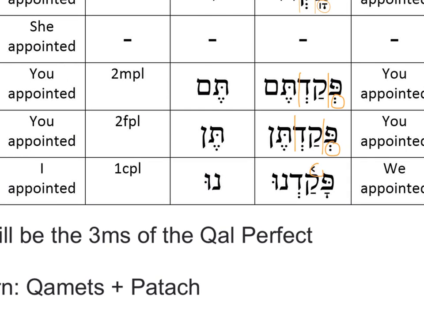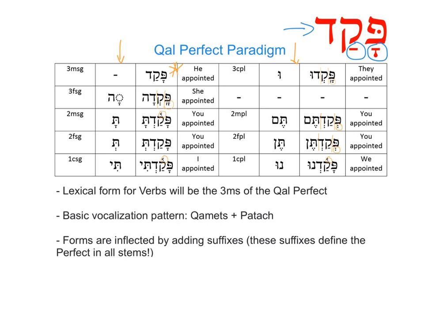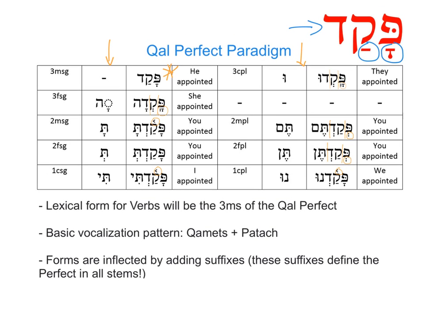When that's not the case, we'll have this to help indicate that the accent is retained elsewhere. So in our 2MSG, in our 1CSG, and our 1CP, our first common plural, we're going to have that accent. That's important to note as well when we're recognizing forms.